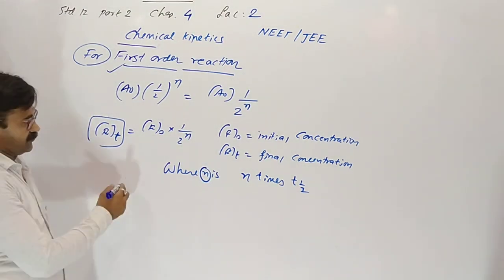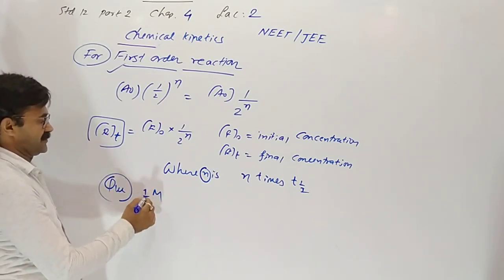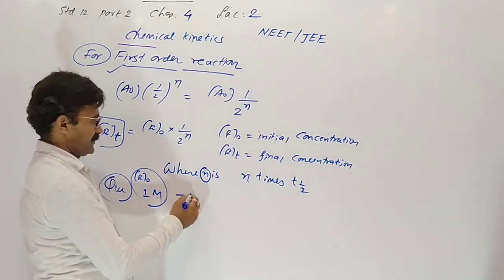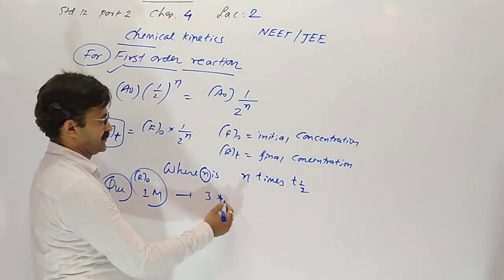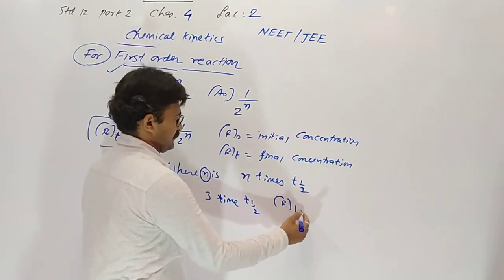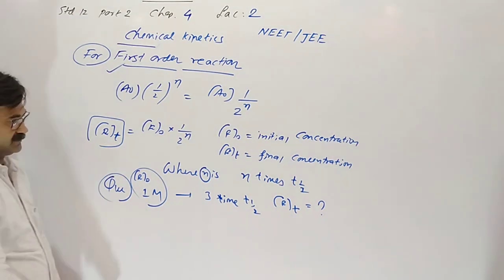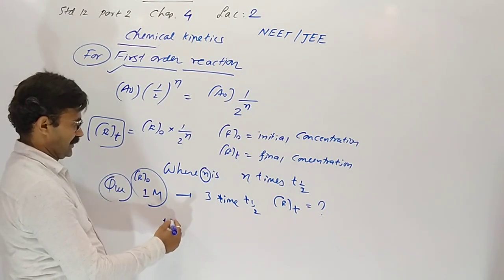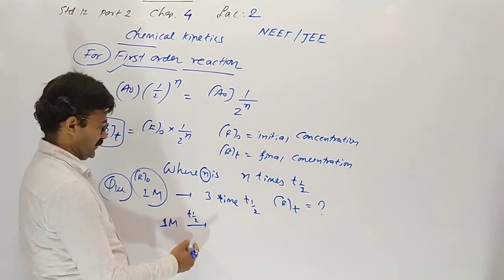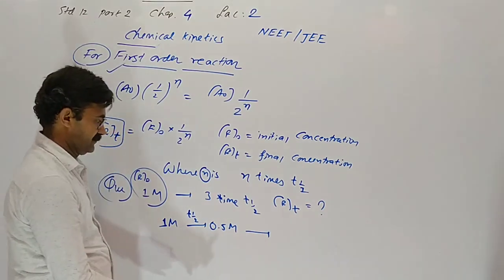I am giving you a question. If the initial concentration is 1 molarity, then after 3 times t1/2, what will Rt be? So 1 molarity, and at t1/2 time it should be 0.5.